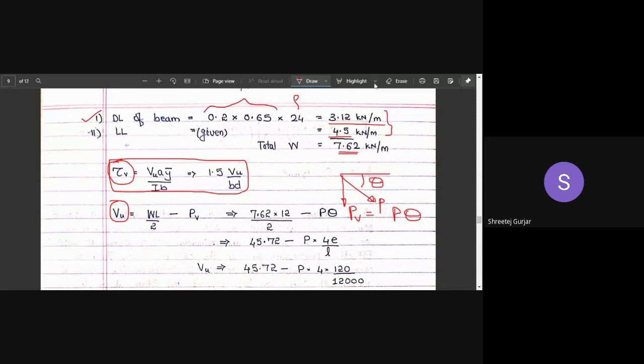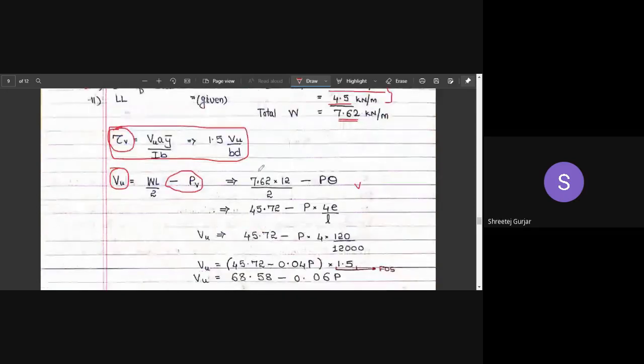Because it is acting in the downward direction, we consider it negative, minus PV. So this is the reaction and this is the vertical component of your pre-stressing force.